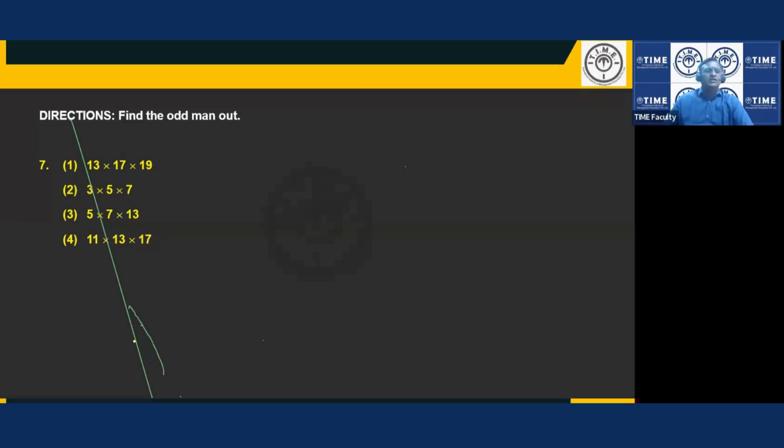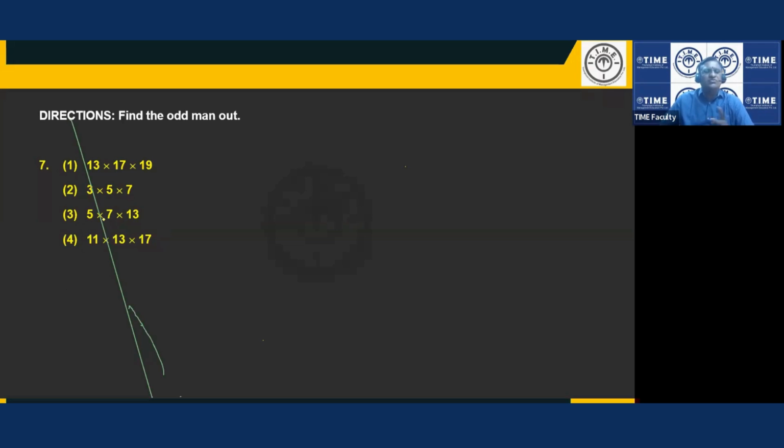Next, here, find the odd man out. Option number 1: 13 into 17 into 19. Please don't calculate it. Between them the into symbol is given, which does not mean to calculate them. Identify the numbers 13, 17, 19, which are consecutive prime numbers. Second option, 3, 5, 7, also consecutive prime numbers.